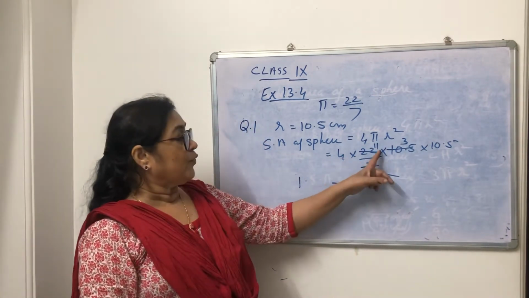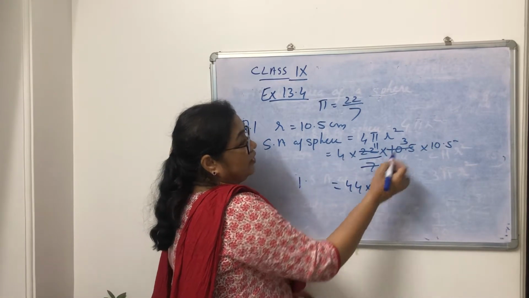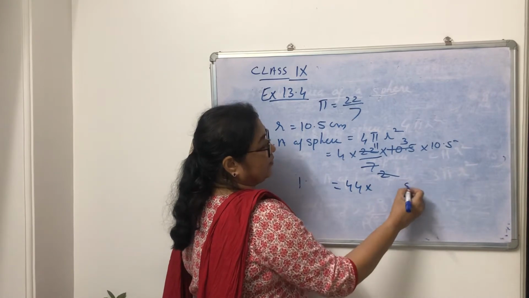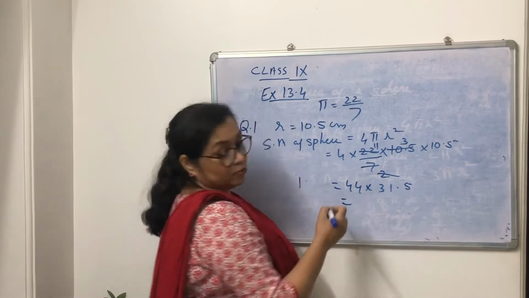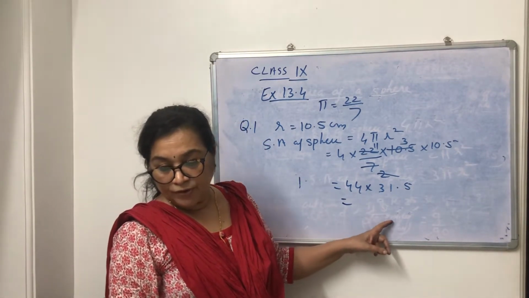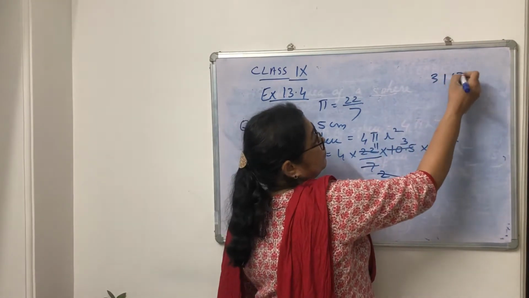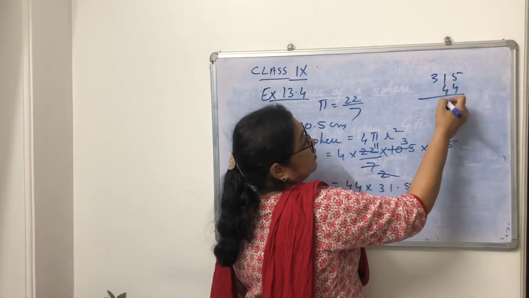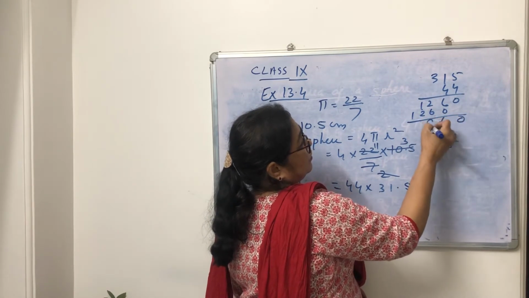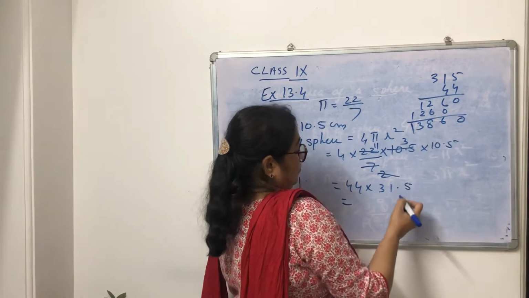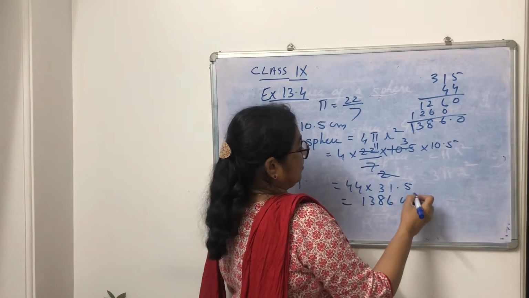So 4 into 11 into 3 into 10.5. 4 into 11 is 44. 3 into 10.5 is 31.5. Then you have to multiply 31.5 into 44. It is 1386 square centimeters.